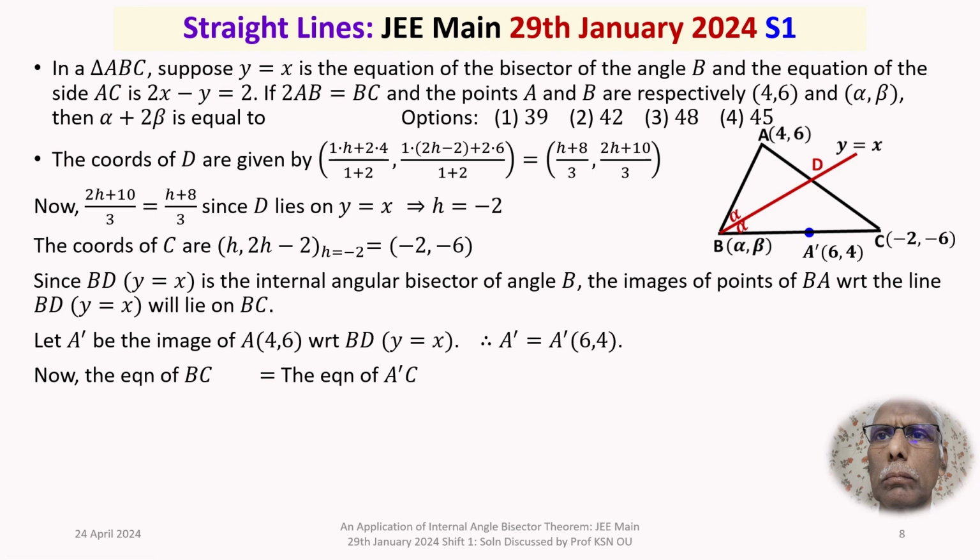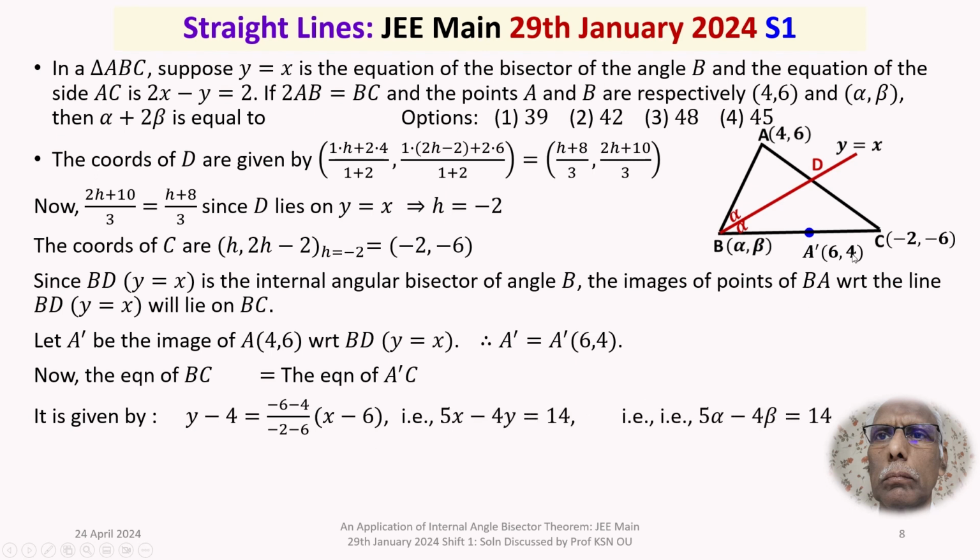The equation of A prime C is given by y minus 4 is equal to (-6 minus 4) by (-2 minus 6) multiplied by x minus 6. And when simplified, you will get 5x minus 4y is equal to 14.